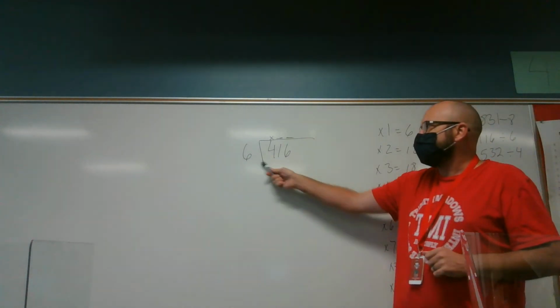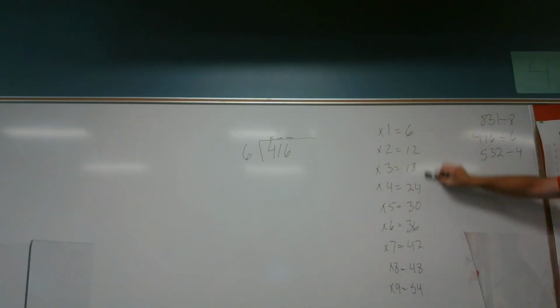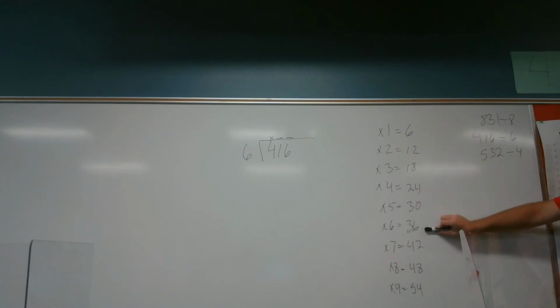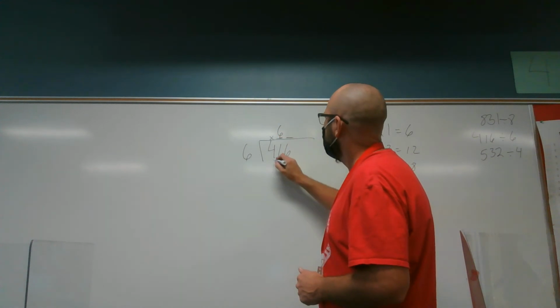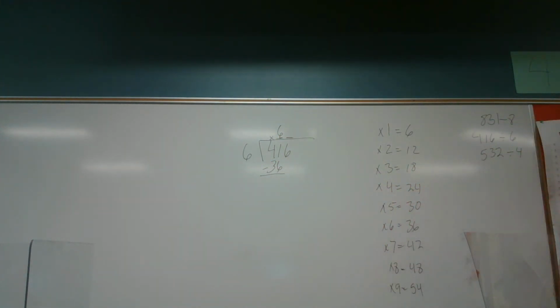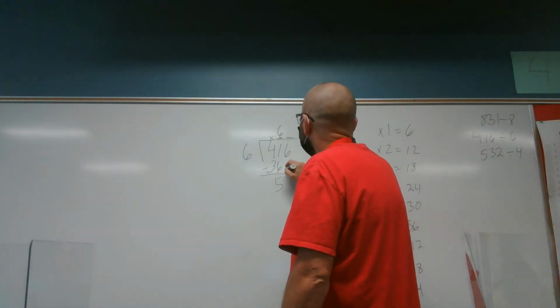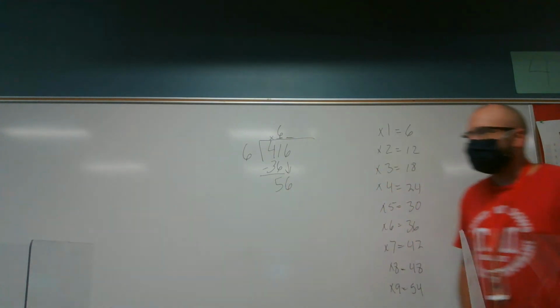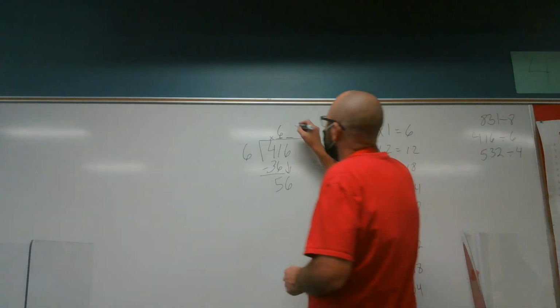So now we said 6 is going into 41. I need to get as close to 41 as I can get without going over. 6 times 6, which is 36. Then I subtract and I get 5. Then I bring down this 6. Now I need to get as close to 56 as I can get without going over. 6 times 9, because it's 54.